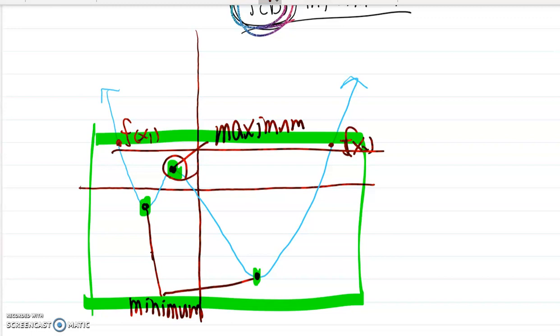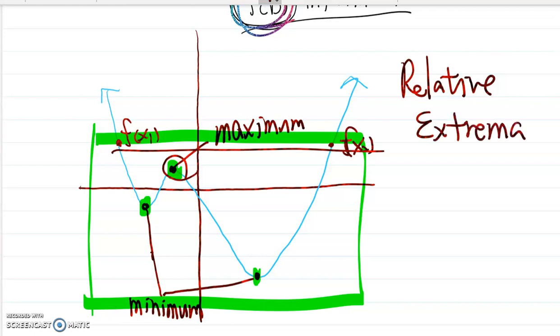So all these points we call relative extrema. Of course, those values cannot be absolute minimum or absolute maximum. Absolute means it must be the maximum, it must be the minimum, but these two points, even though they are not the absolute maximum and minimum, are turning points, so those values we always call relative extrema.